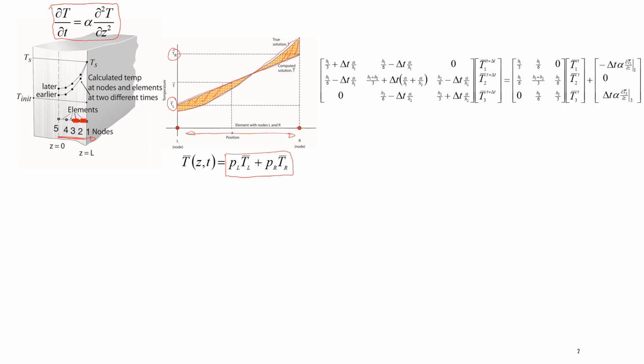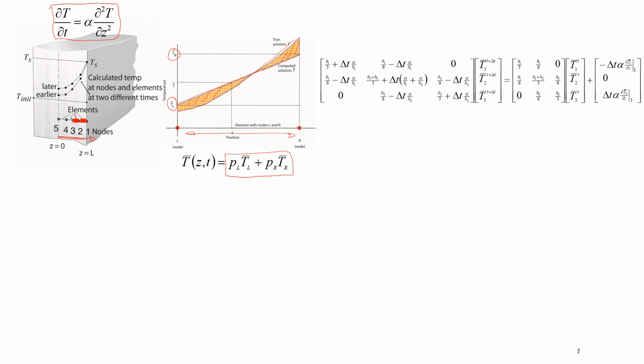the way we did the method was this assumed solution that we have at the two nodes, we tried to get it as close to the real solution. In other words, we tried to minimize the error, and that gave us these equations to be solved.